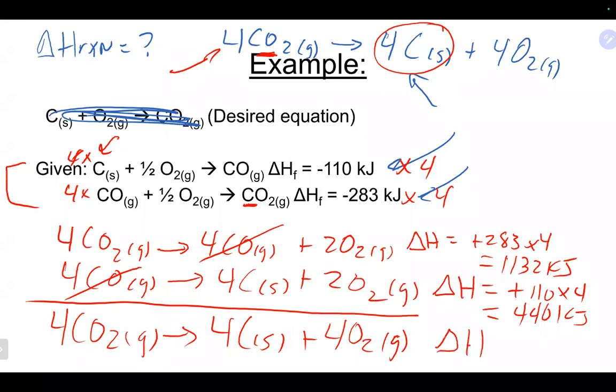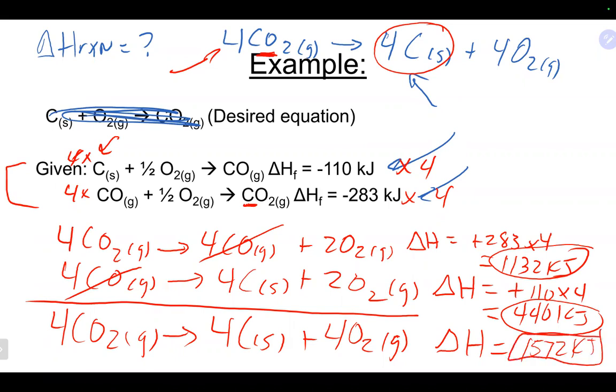Delta H would be, once again, adding our numbers here together that we sort of manipulated, and we will end up with like a 1572 in this case. Which once again is a positive number and an endothermic process. Any questions on that there?